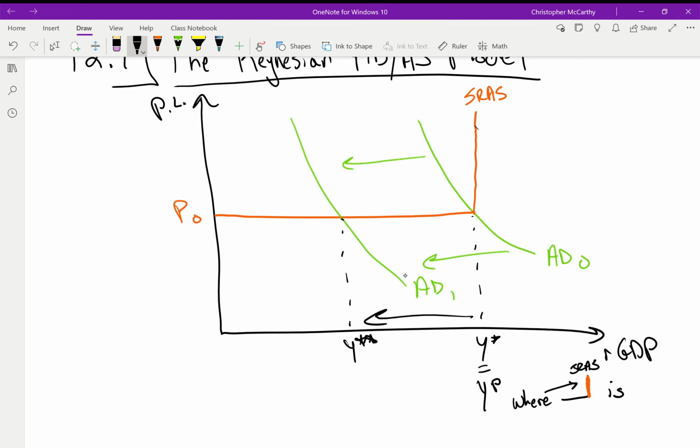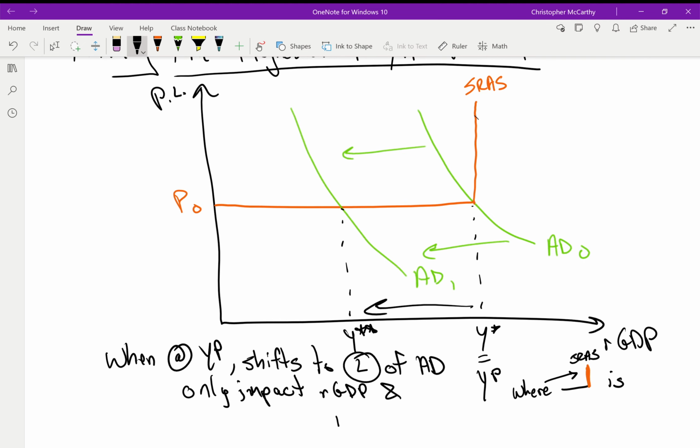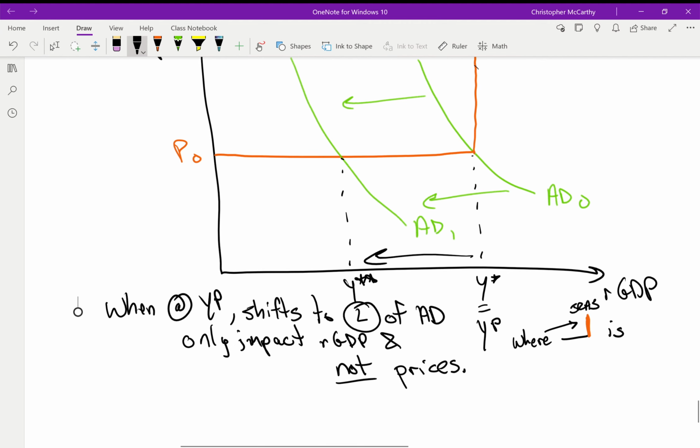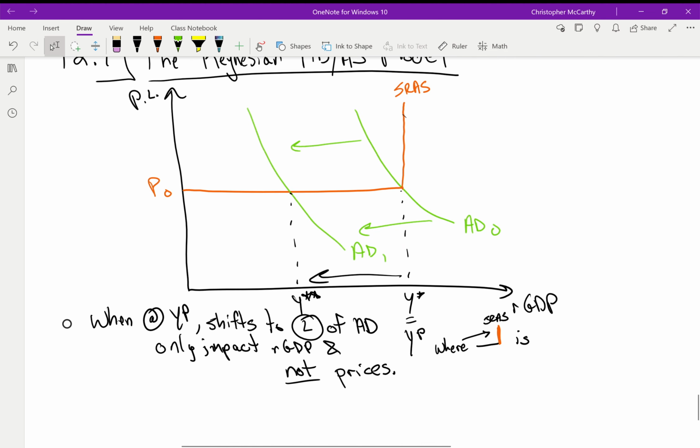So this would be when at YP, a shift to the left of AD only impacts real GDP and not prices. So that's to the left. That's when we are at YP and there's a shift to the left.